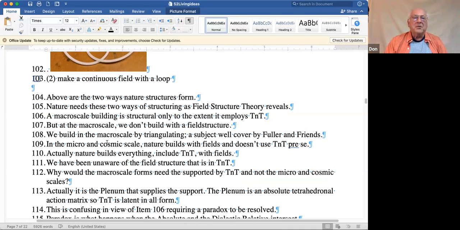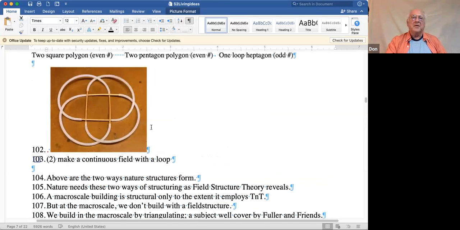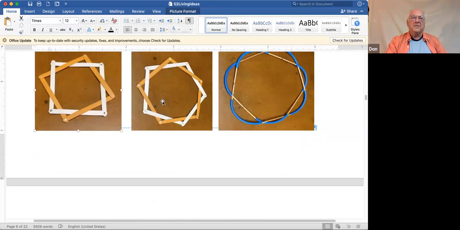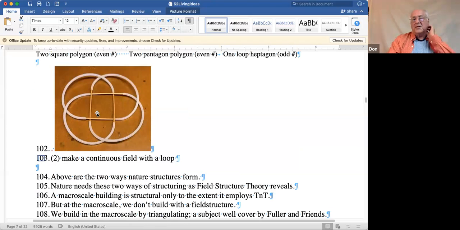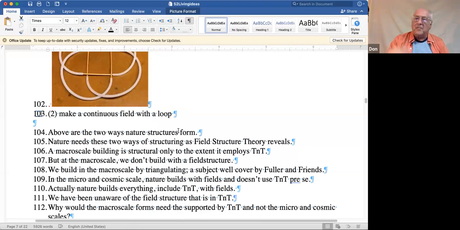A macro scale building is structural only to the extent it employs TNT. But at the macro scale, we don't build with field structures. We build with this kind of structure, and we haven't got to the point where we can build a building that's held together by its field. That will come.